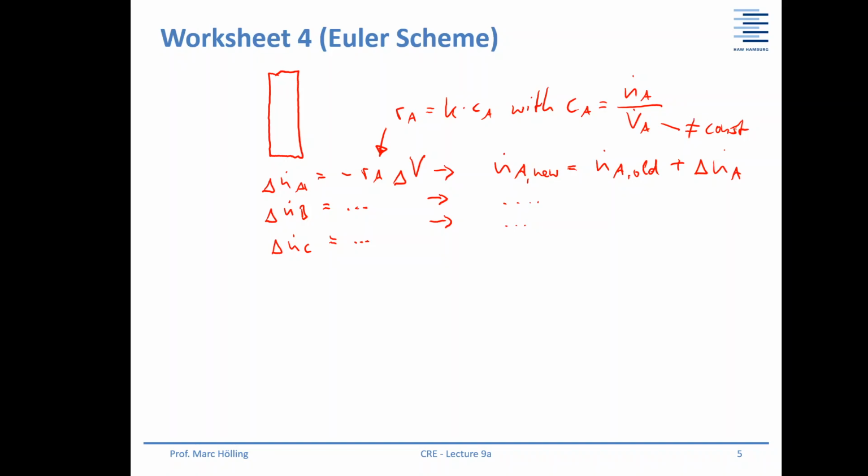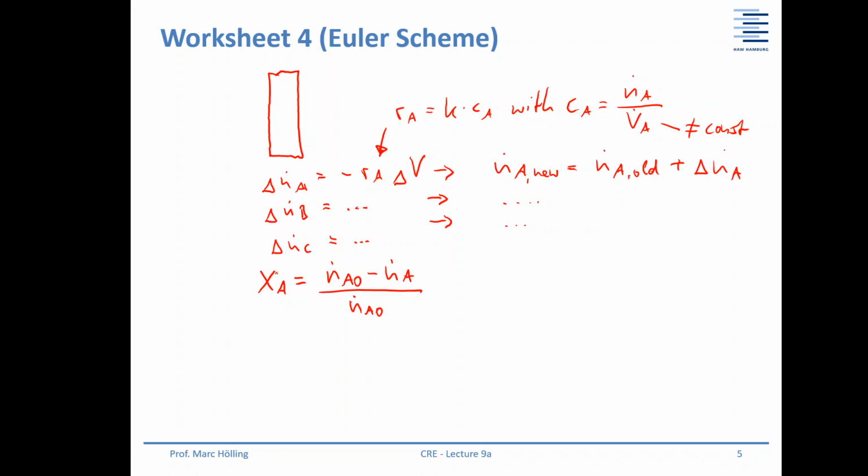Okay, and at least what I did, maybe you can solve it in other ways, is that I said, okay, let's have a look. How can I calculate my conversion? My conversion is XA, which should be n dot A0 minus n dot A, divided by n dot A0.